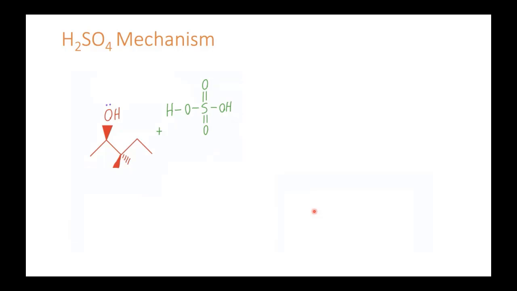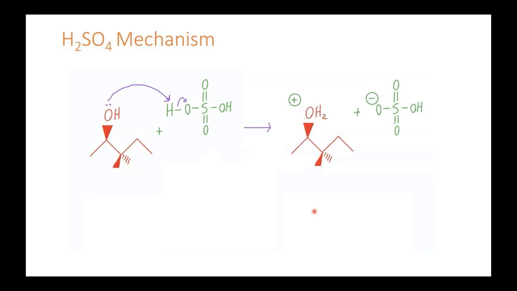So the first step of H2SO4 is to convert the alcohol into a good leaving group, because currently it's not. What actually happens is our alcohol will attack the hydrogen on our H2SO4 and take it, forming water attached to our molecule. This currently has a positive charge.